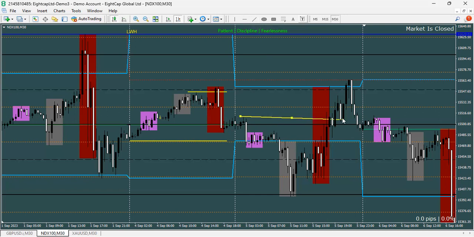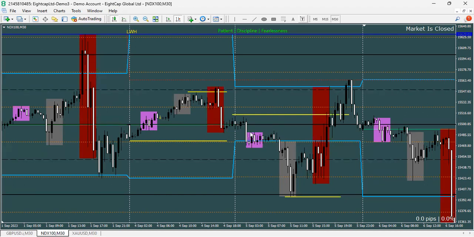Here's our high, so we mark that up, as the market opens up here. And then where's our low of the day? Our low of the day was here. This was our low of Tuesday, coming into the New York session.